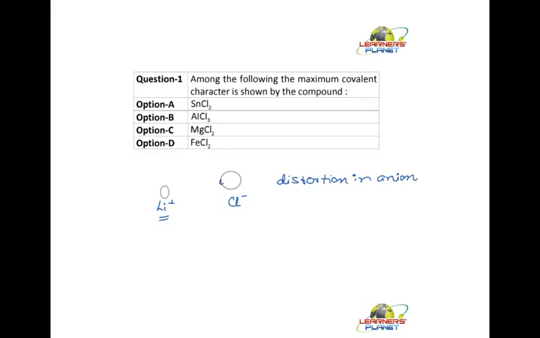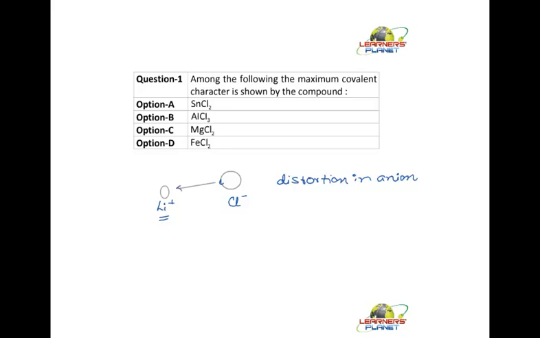Now in an ionic bond, what happens? There is complete transfer of electron. What this cation tries to do is pull the outer electrons towards itself.